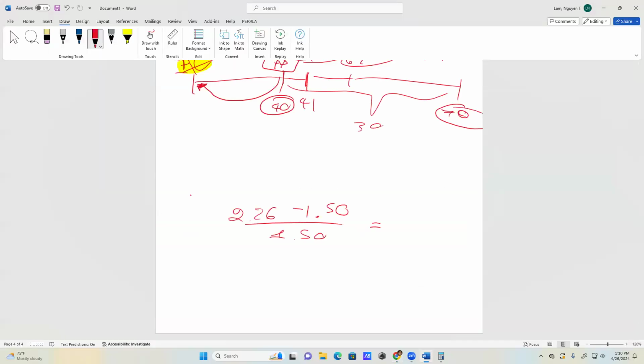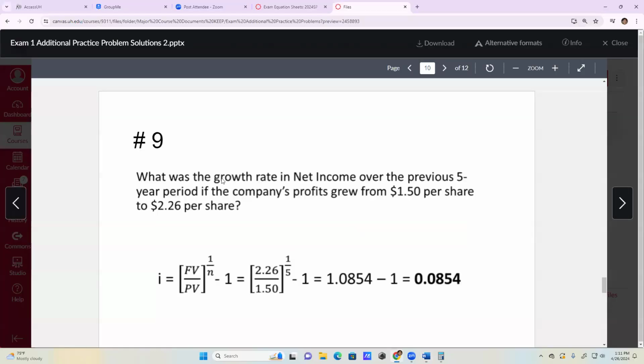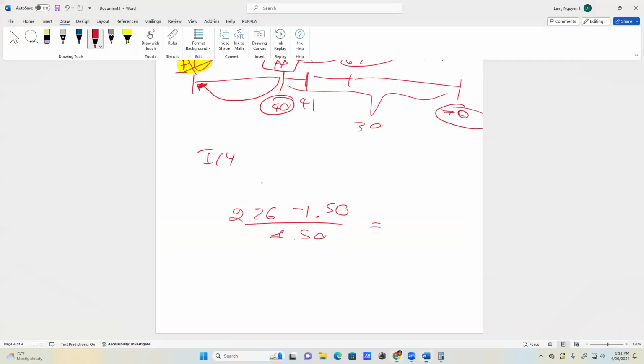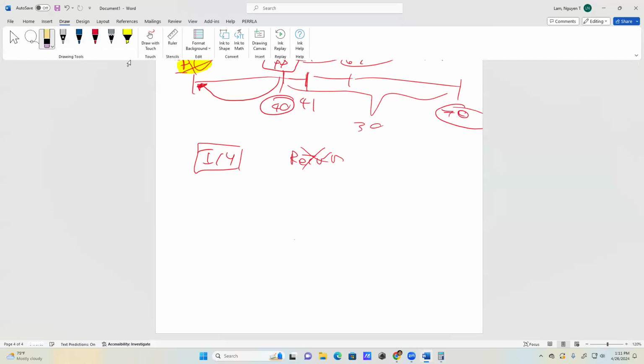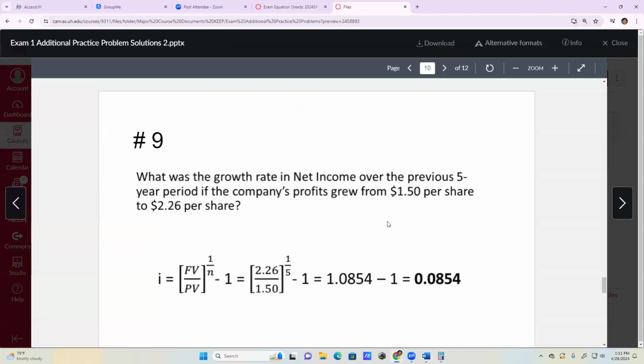It's asking for the IY. My apologies. Growth rate is asking for the IY. It's not asking for the return. It's not talking about the stock return or something like that. So scratch that.